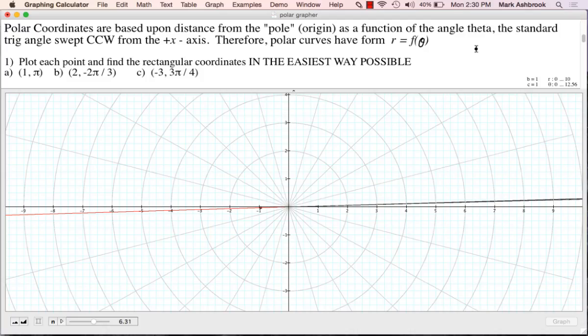Now, it's really important that you're able to transition back and forth between polar coordinates and rectangular coordinates. So let's talk about that.